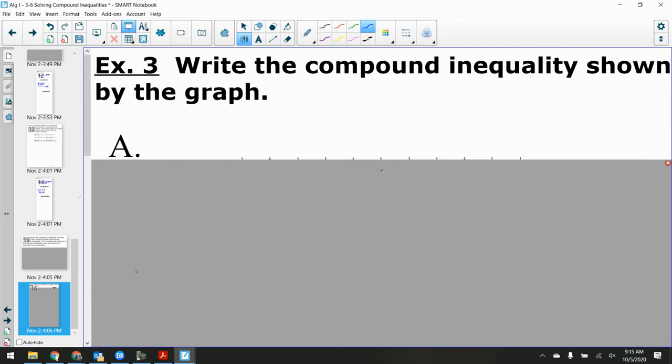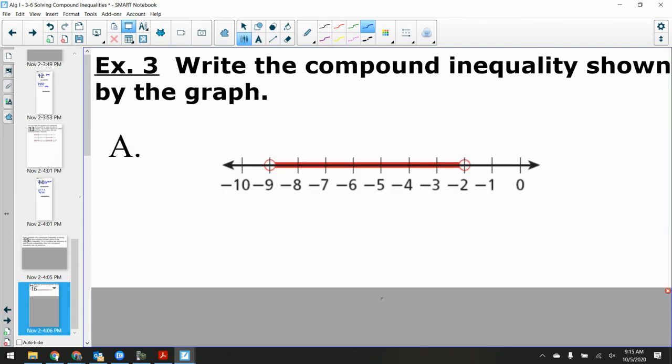And now we're going to flip it around. Write the compound inequality shown by the graph. Now I'm giving you the graph and asking you to write the inequality. Is this an and or an or? It's an and, right? And I know ands are always set up like this.